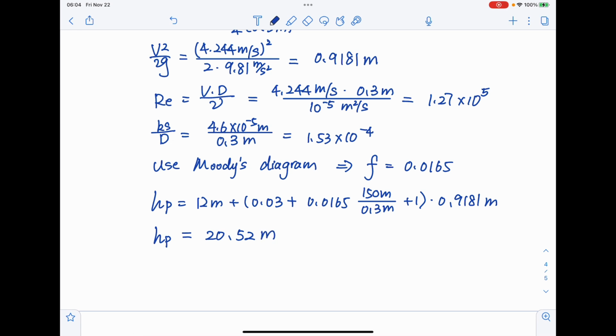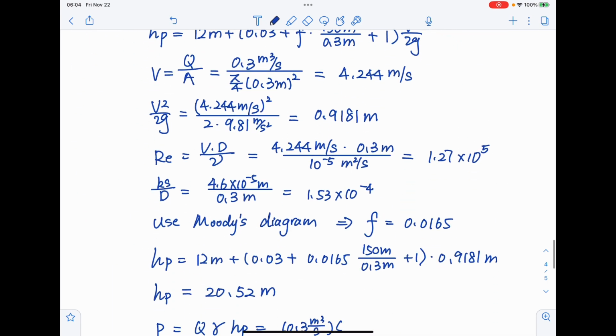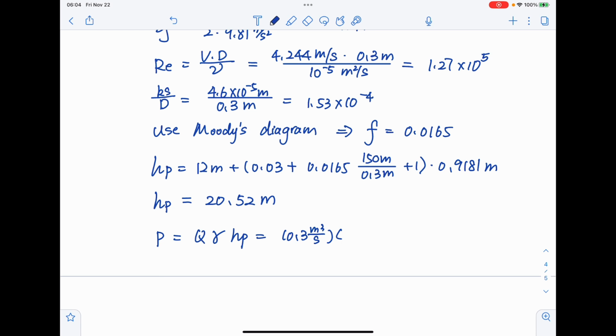and the power should equal Q times gamma times the head of the pump. So Q is 0.3 cubic meter per second. Gamma is the specific gravity times the, we have the density here, so we can use the density times the g. Okay.